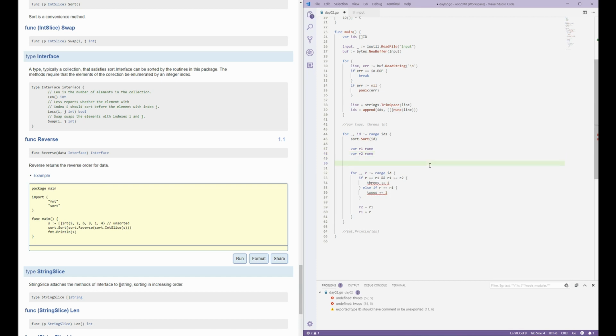So 2 false, 3 false, true. I suppose you should not count the same. That's going to be a bug.